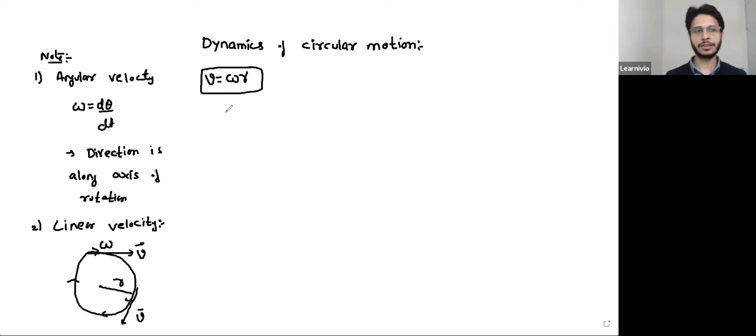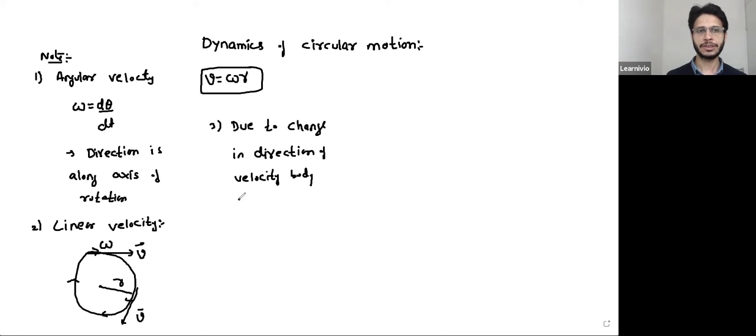I will use these. And there's one more thing. Due to change in the direction of velocity, the body has an acceleration known as centripetal acceleration.